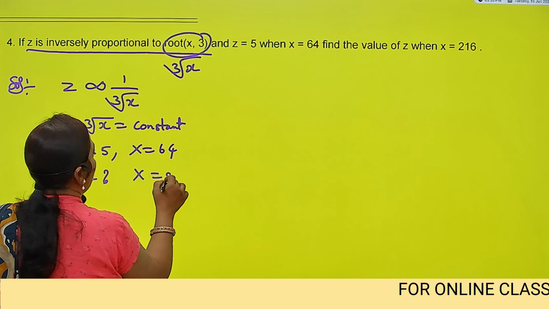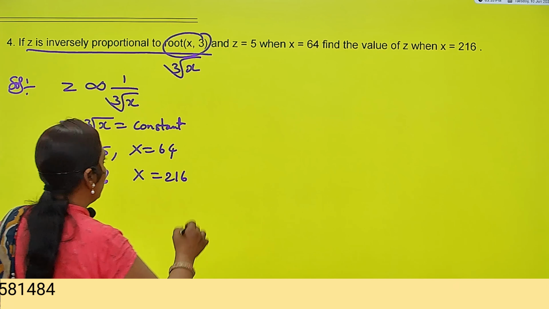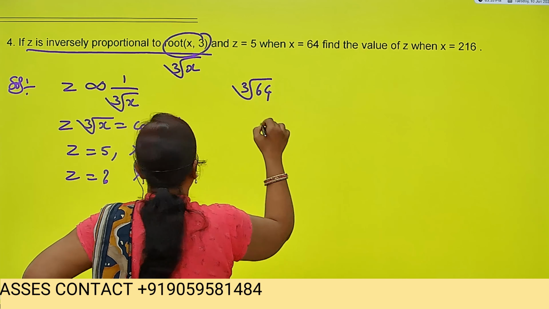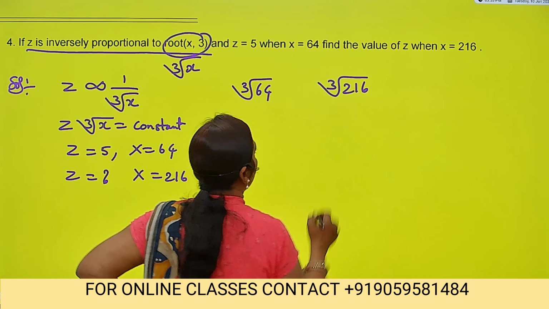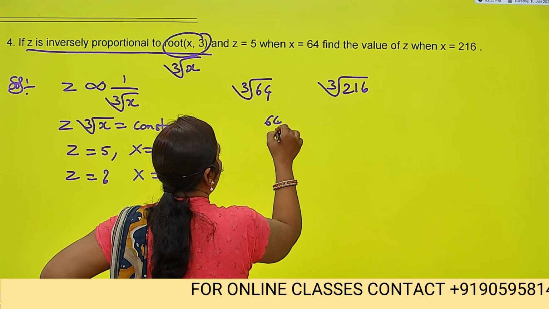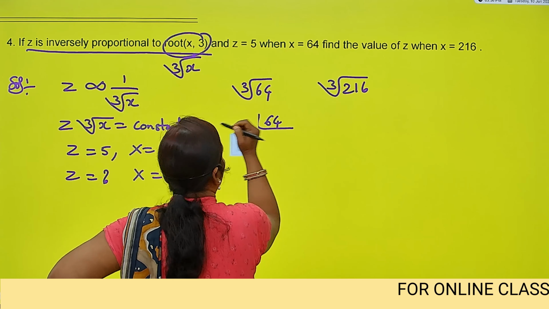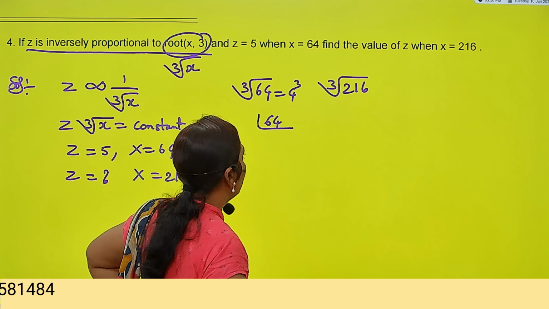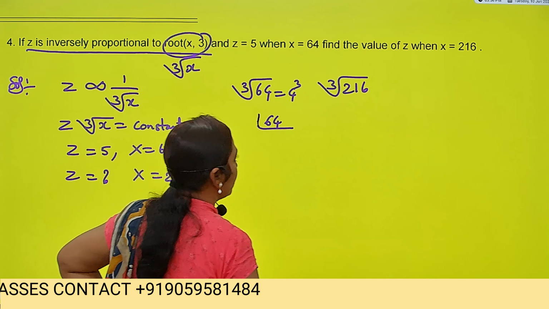Find the value of z when x equals 216. Do you know the cube root of 64 and the cube root of 216? 64 prime factorization is 4 cube, 4 fours are 16, 16 fours are 64.